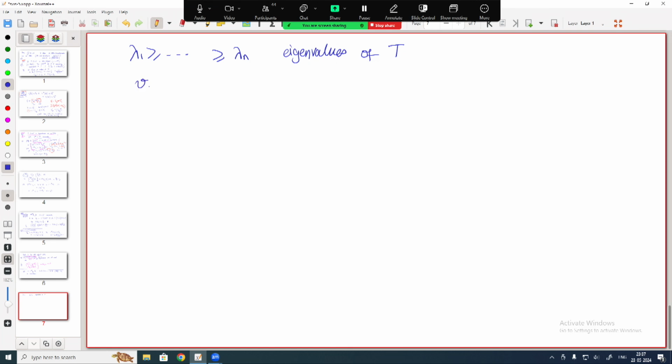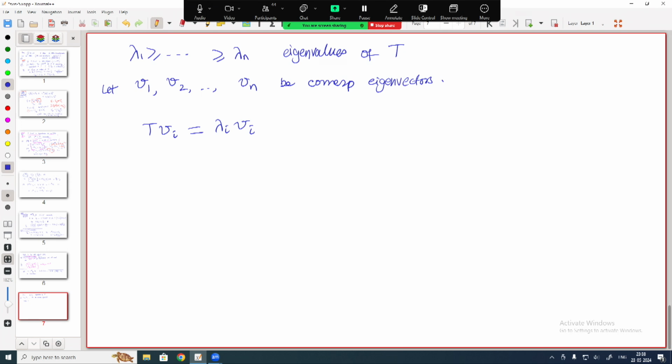And maybe let us also write down the corresponding eigenvectors. Suppose V1, V2, Vn be the corresponding eigenvectors. Now, here is the observation: T Vi is lambda i Vi.